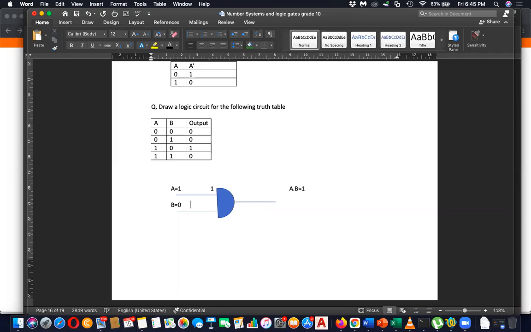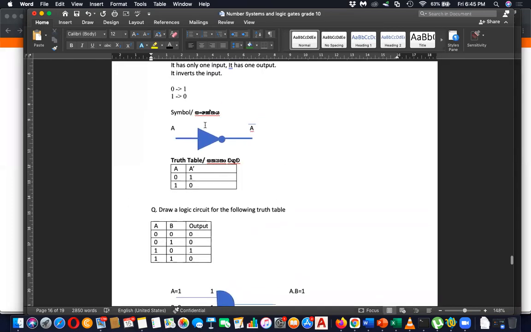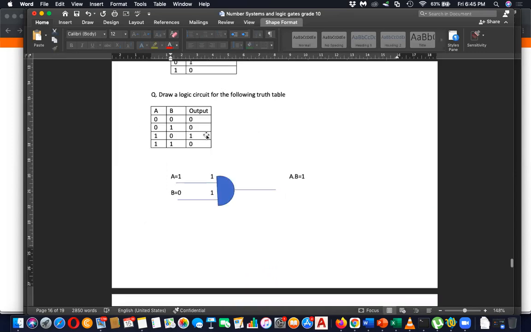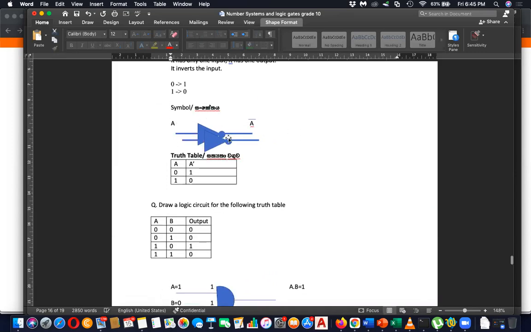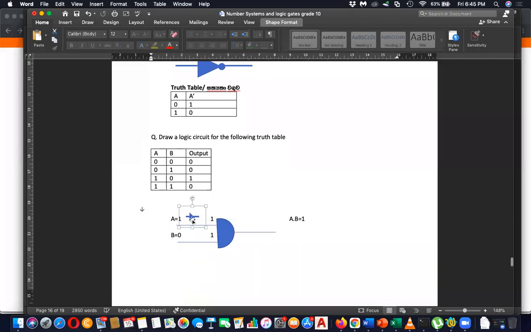But B is 0, then what you can do is use a NOT gate here. Then what will happen if you use a NOT gate here? The NOT gate will invert this B. The NOT gate will invert this B to 1, therefore A AND NOT B you will get as 1. Agree or not?